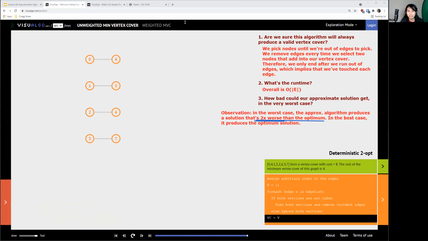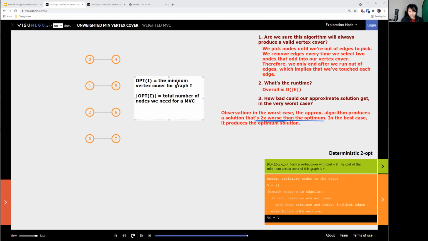In other words, let's imagine OPT of I is equal to the optimal vertex cover, the minimum vertex cover for graph I. Well, that means |OPT(I)| is equal to the total number of nodes we need for a minimum vertex cover.